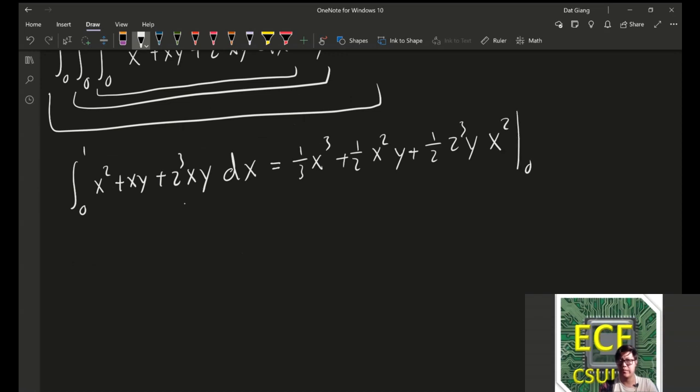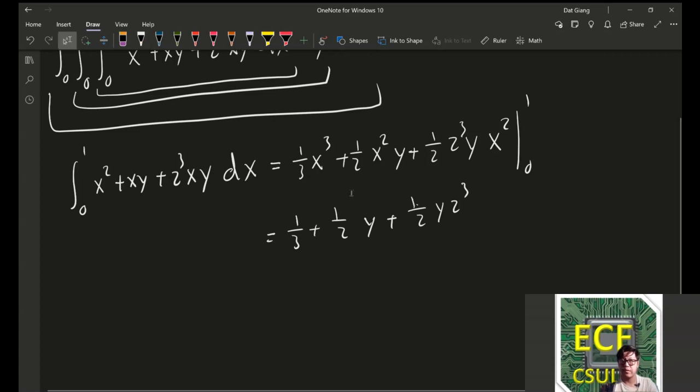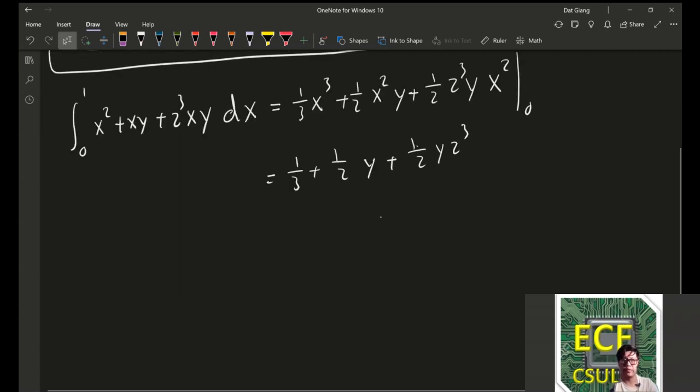And this is evaluated from 0 to 1. If we plug in 0, all of these disappear. If we plug in 1, we get 1/3 plus 1/2 y plus 1/2 yz cubed. Okay? And that's what we then integrate next.